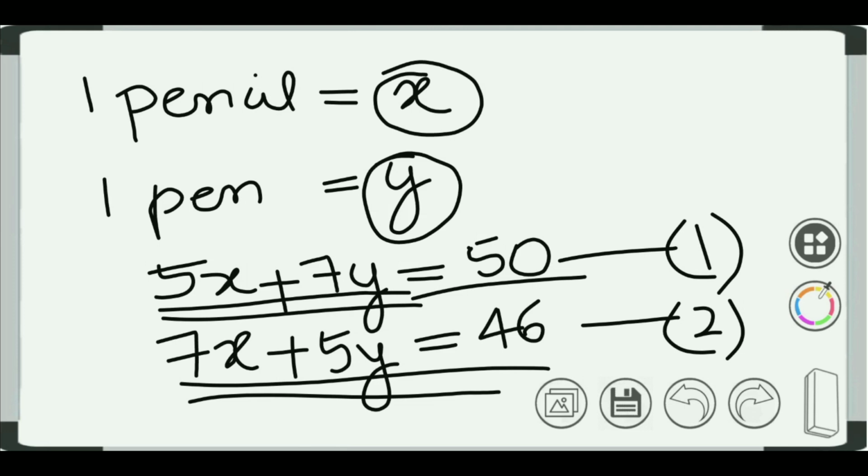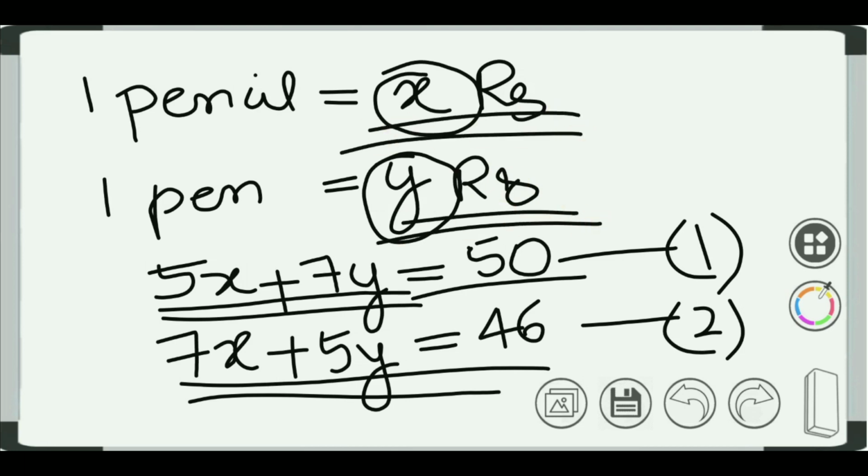Once you get x and y, that will be the value for pencil and pen, because one pencil costs x rupees, one pen costs y rupees. So you just need to find the solution for x and y, that's all. The same way how we have done the first question.